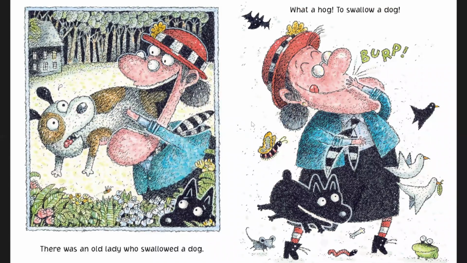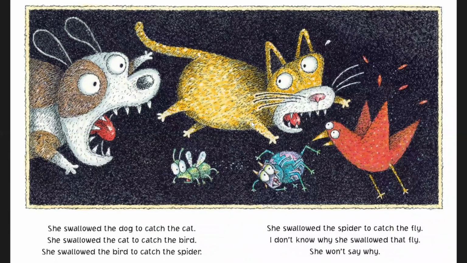There was an old lady who swallowed a dog. What a hog to swallow a dog. She swallowed the dog to catch the cat. She swallowed the cat to catch the bird. She swallowed the bird to catch the spider. She swallowed the spider to catch the fly. I don't know why she swallowed that fly. She won't say why.